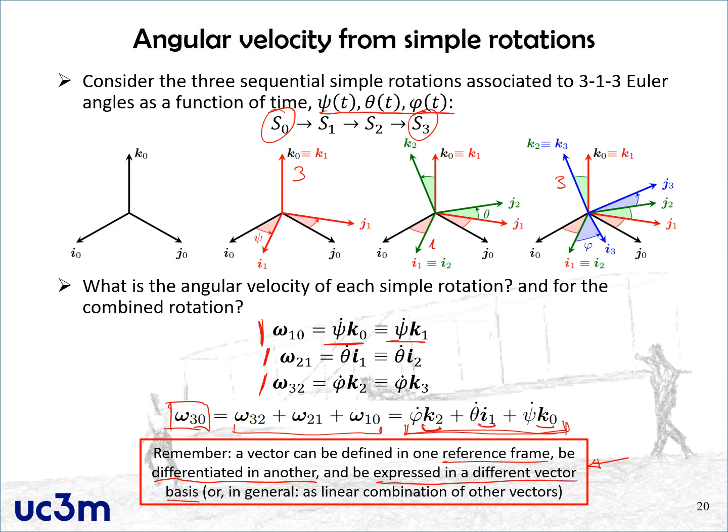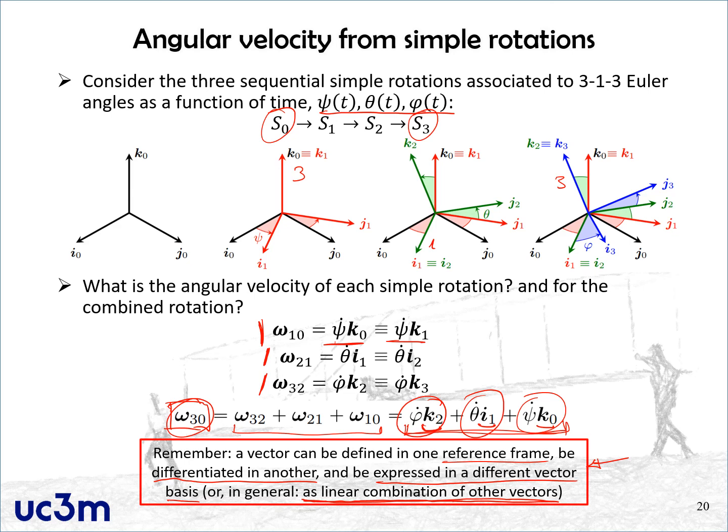What is more general, we can always express any vector as a linear combination of other vectors. So any vector, for example omega 3,0 here, can be expressed as a linear combination of other vectors, regardless of whether these vectors are unit vectors of some bases. If all the vectors are in the same basis, that doesn't matter.